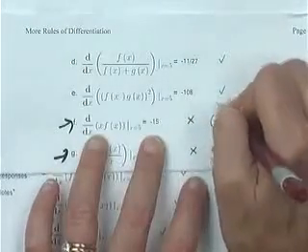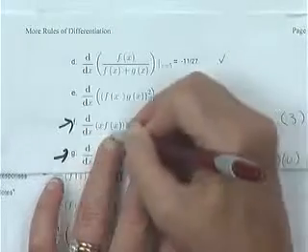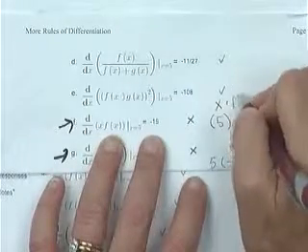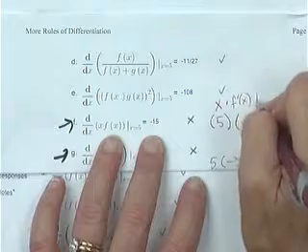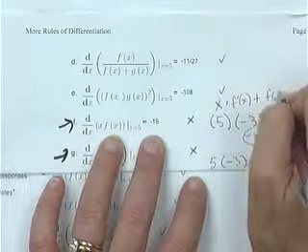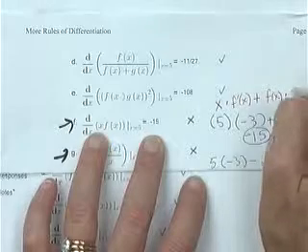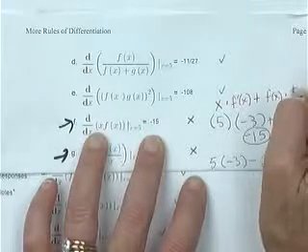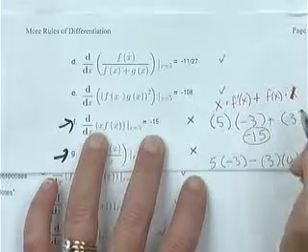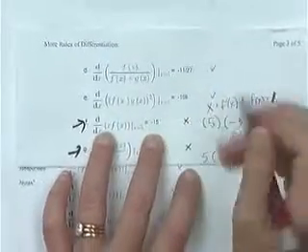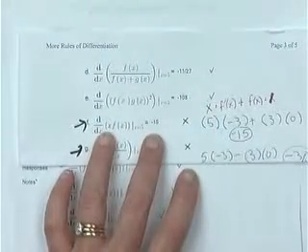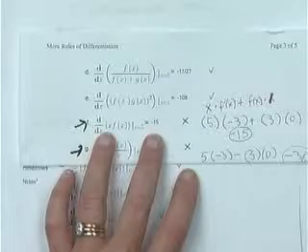Product rule is first times the derivative of the second plus the second function times the derivative of the first, which is 1, times 1. Everybody right? Okay, now let's see what the answer is supposed to be.